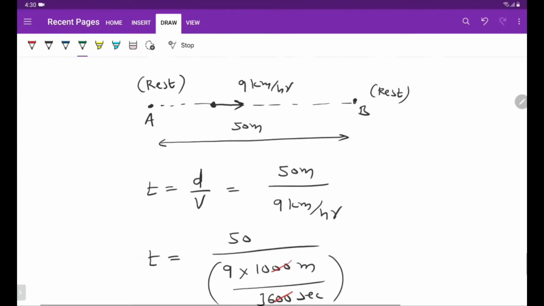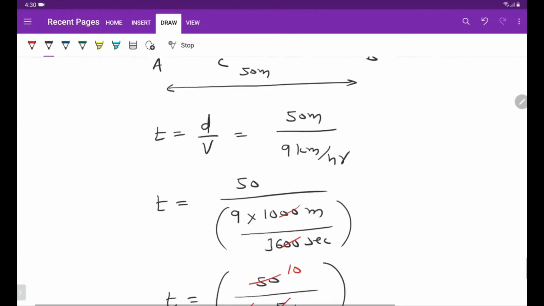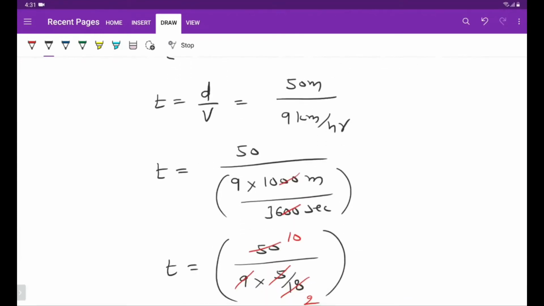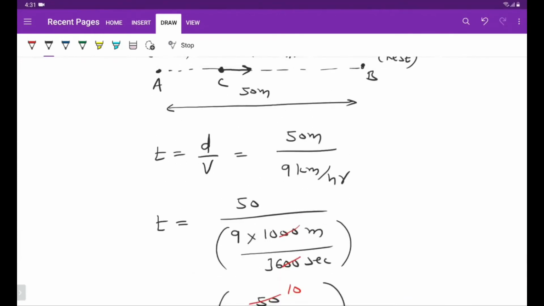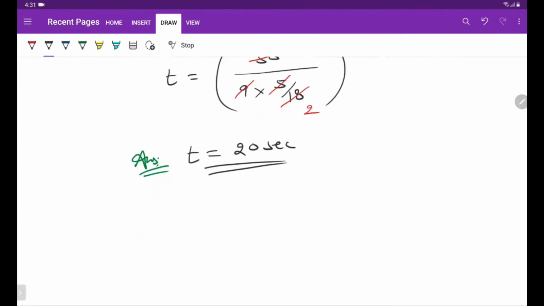So this person C travels from A to B in 20 seconds. Within 20 seconds, he will travel from A to B. From B to A also, he takes the same time, because A and B are at rest with respect to the belt.